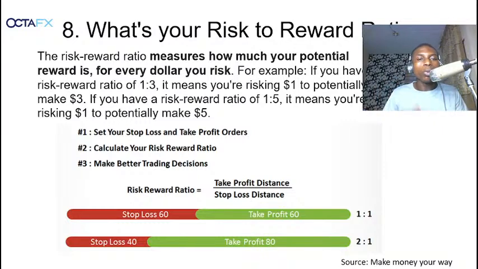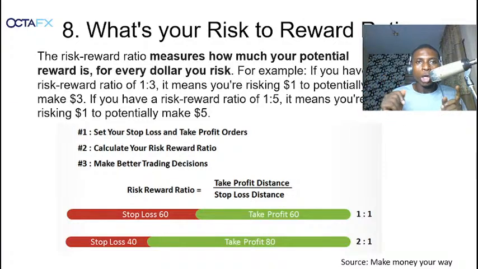So the risk to reward ratio measures how much your potential reward is for every dollar you risk. For every dollar you trade, how much are you willing to risk? For example, if you have a risk to reward ratio of 1:3, it means you are risking $1 to potentially make $3.